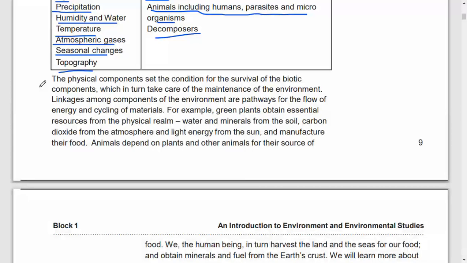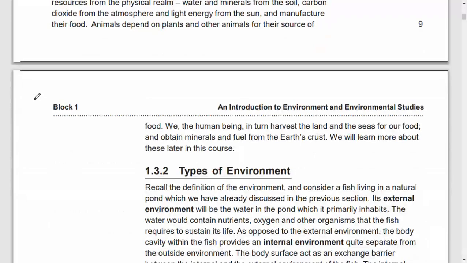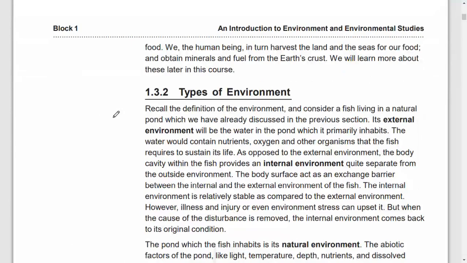Animals depend on plants and other animals for their sources of food. We, human beings, in turn harvest the land and the seas for our food and obtain minerals and fuel from the earth's crust. We will learn more about this later in this course.